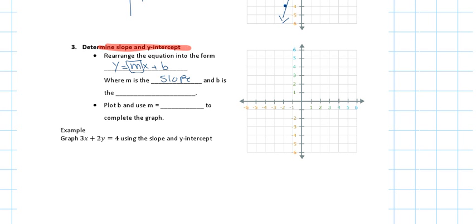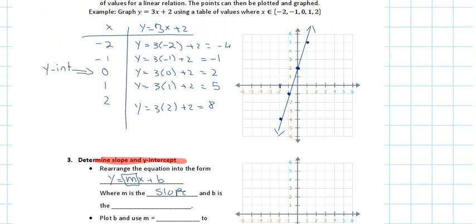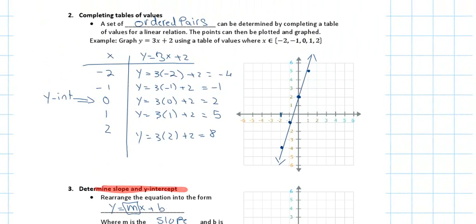And b is, what does b represent? It's the y-intercept. So b represents your y-intercept. I want to take you back up here for a second. What was the y-intercept? 2, right? Is it 2 right here as well?